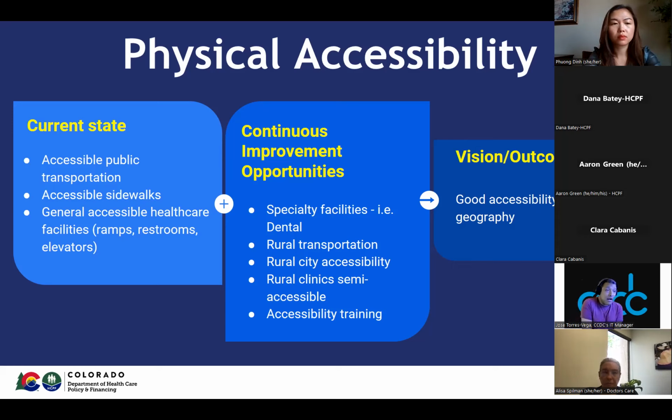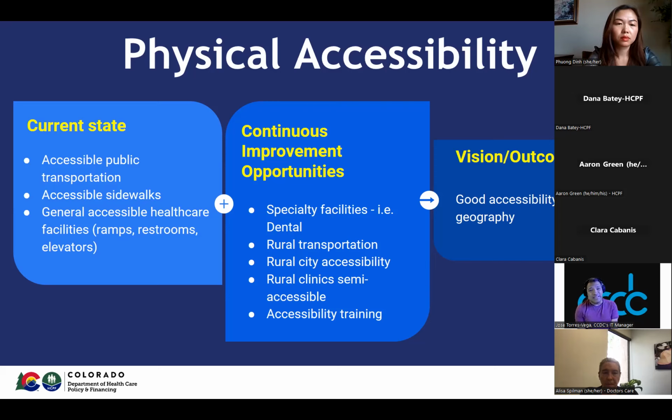And continuous improvement or opportunities, we can break it down to a few that are especially important, especially specialty facilities, for example dental. Currently, while we do have buildings that are accessible and dentists that have accessible buildings, they don't always understand what accessibility really means.